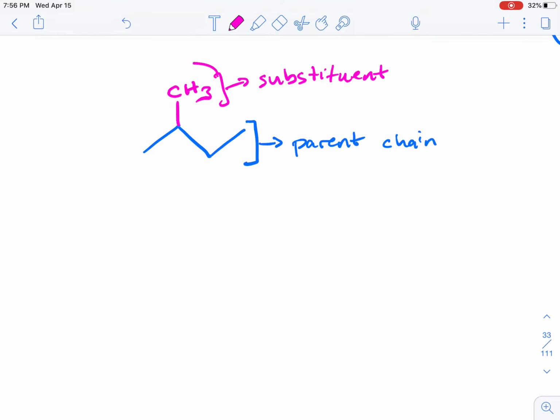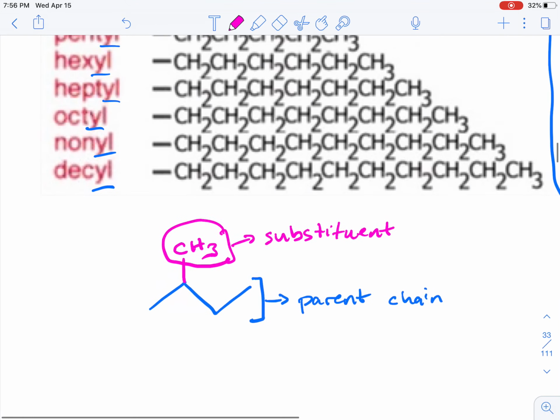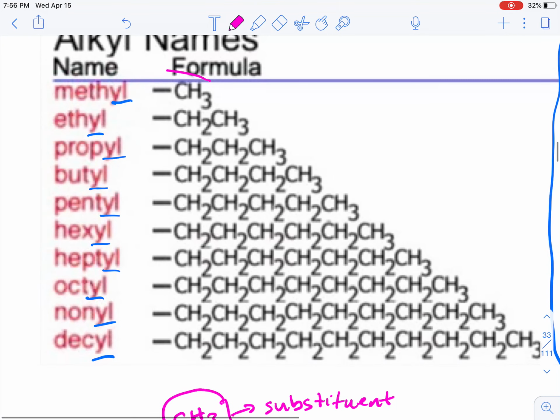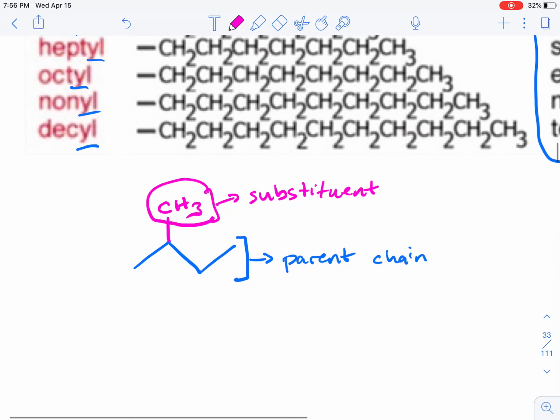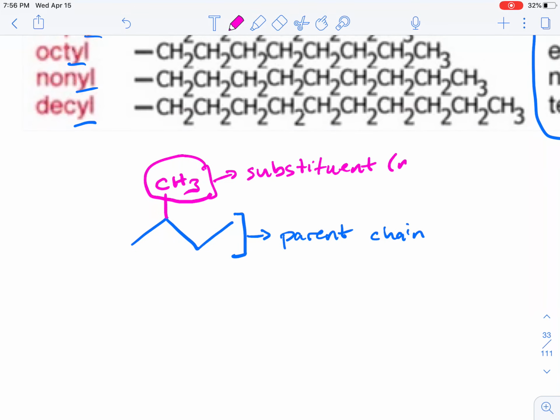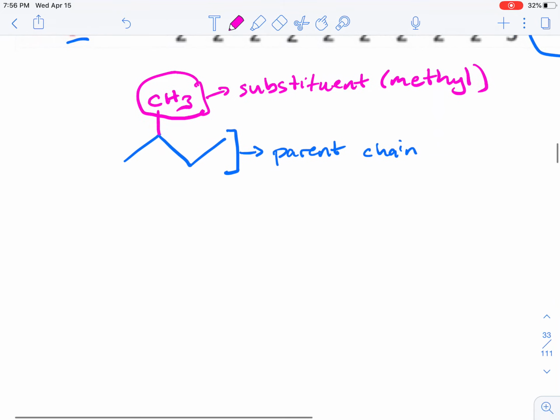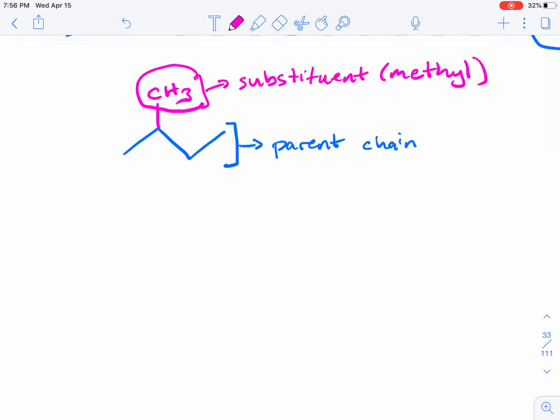And so because I have a CH3 as a substituent, I am going to name that substituent methyl. Okay. So there is that CH3. And I'm going to name this substituent methyl. What if I have, for example, I'm going to build on to this chain here.